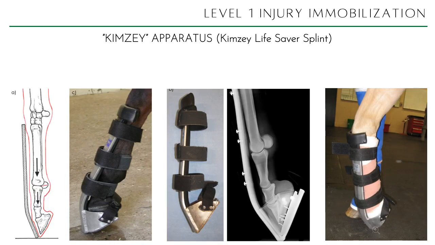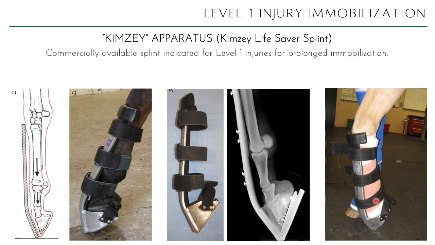Now, the Kimsey Lifesaver Splint is a commercially available splint, basically. Look at that, right? Some made of metal. This is indicated for level 1 injuries for prolonged immobilization. So it's fitted into the animal's limb, and it's supported.